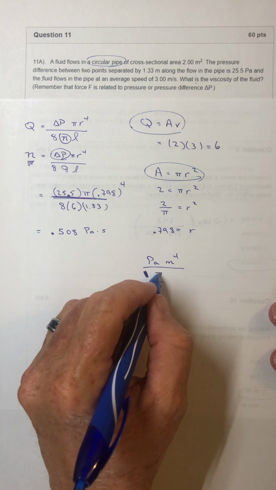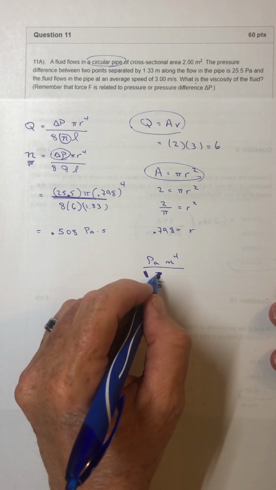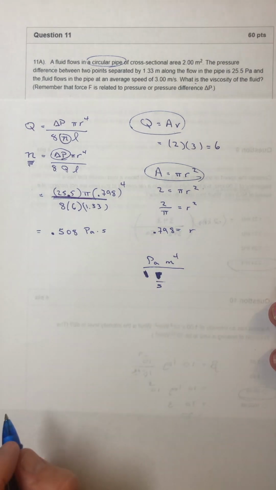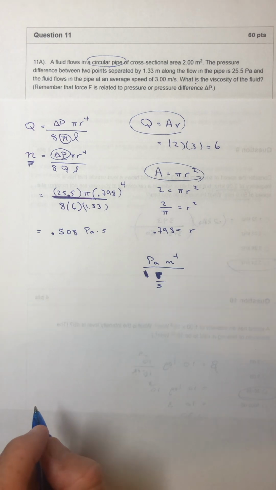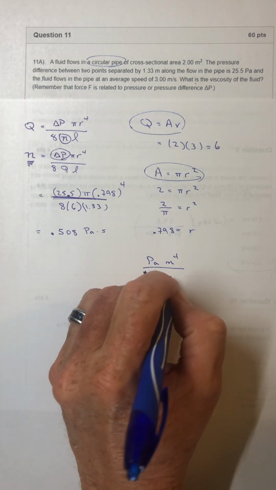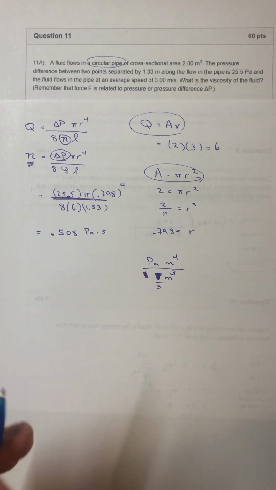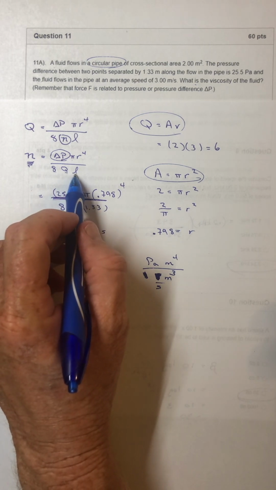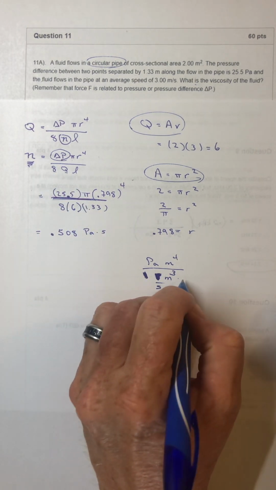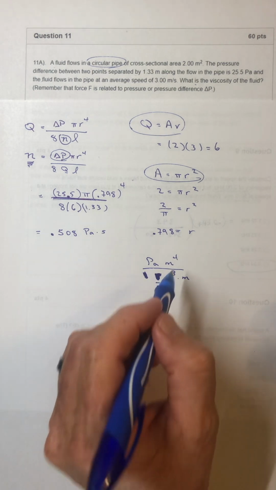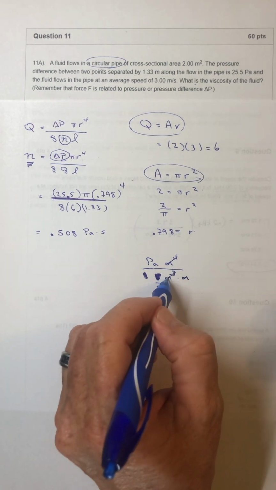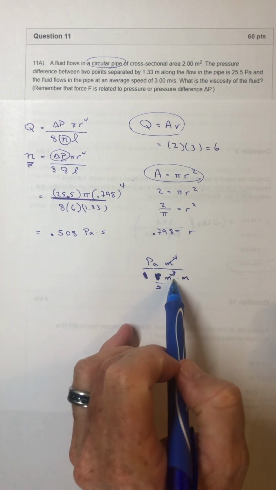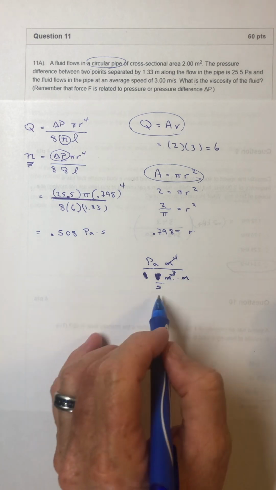Sorry, I was back to my same mistake, heat flow rate. This is volume flow rate, so this is cubic meters per second. And then this is the length, another meter. And so nicely, the 4 meters on top cancel with the 4 meters on the bottom.